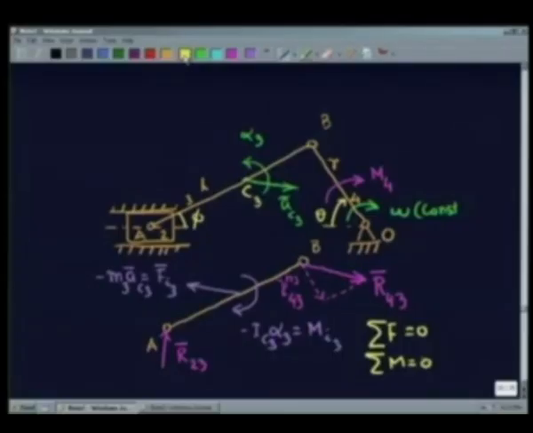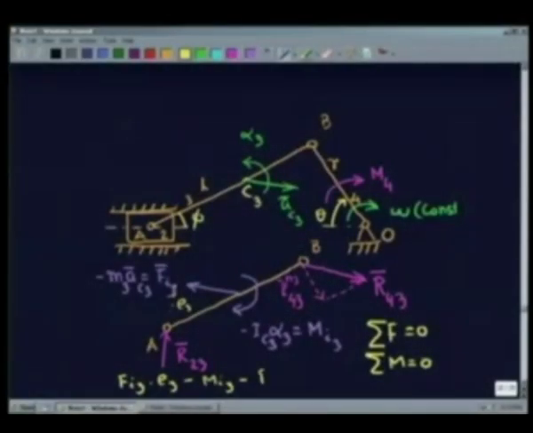Taking moment about point A, we can write, if this is the perpendicular distance of the inertia force, Fi3 into E3 minus Mi3 minus R43 normal to 3 into length of this member L. We could consider this as L3, so we could consider this to be length 3.